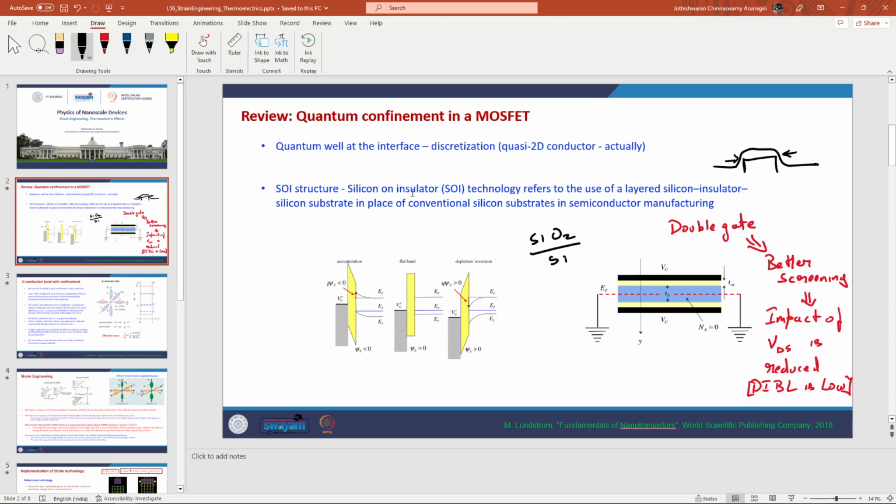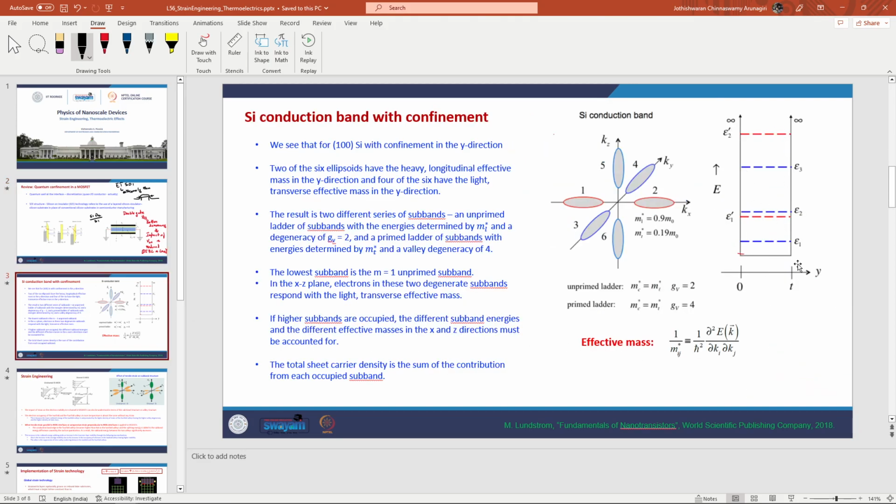Silicon on insulator devices are sometimes referred to as ETSOI, where ET stands for extremely thin. Extremely thin implies quantum confinement, and quantum confinement implies discrete energy levels. Those are the levels shown here.